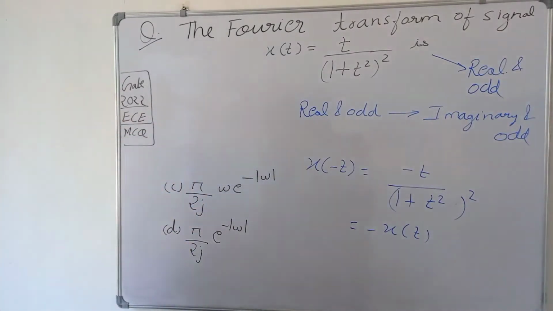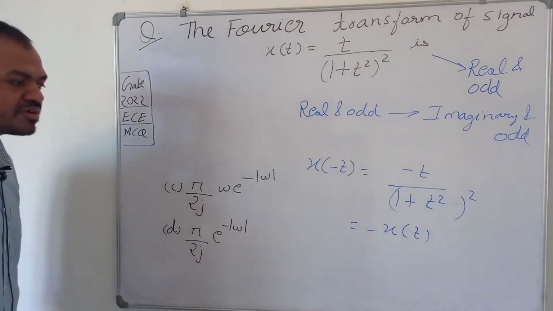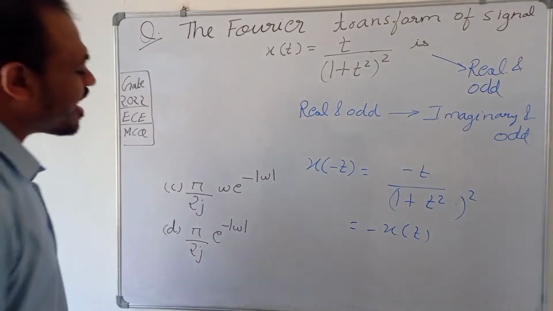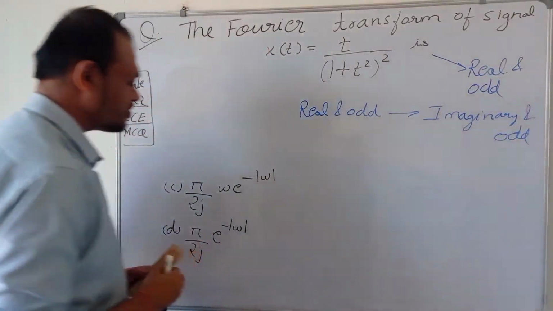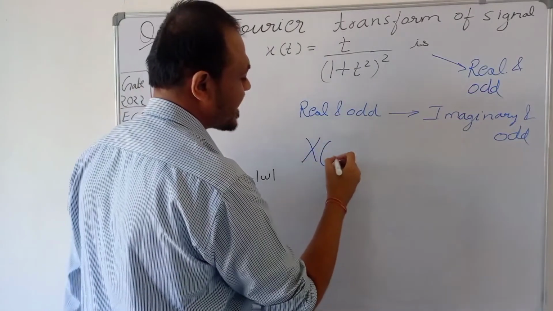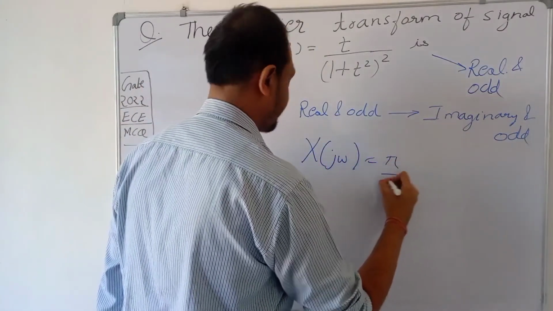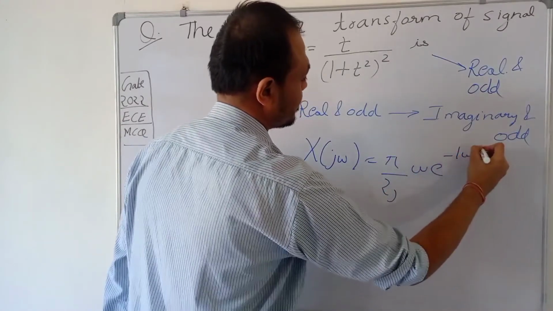So now these two are π/2j options. Out of these two we have to find which is the correct option. Now if you take π/2j ω e^(-|ω|), I am writing the Fourier transform X(jω) = π/2j ω e^(-|ω|).